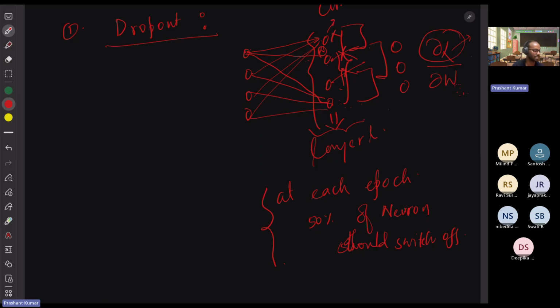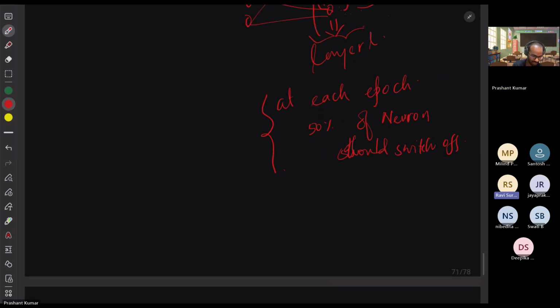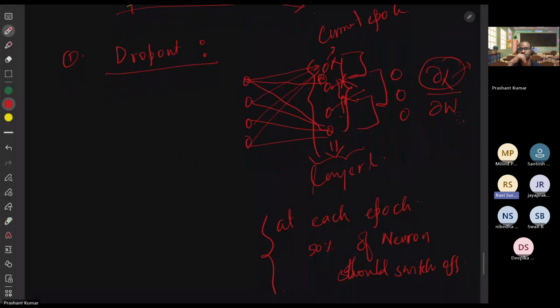But what about the analogy? Which three will be dropped is based on random, so those who are playing well also may be dropped. Exactly. And those who do not play well also may get included, because you are doing it on a random basis.